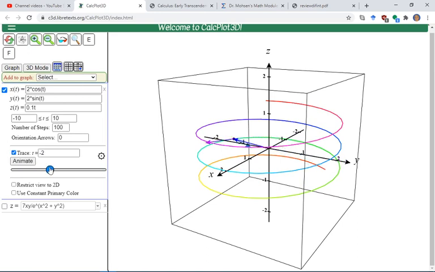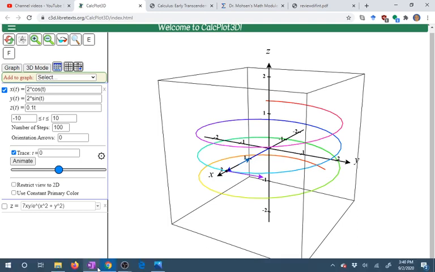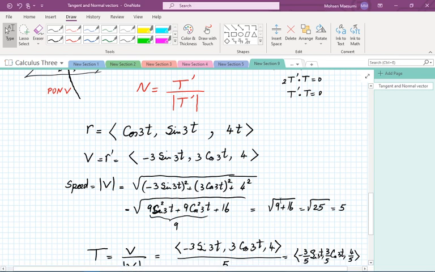Okay, this is t equal to 0. You see, this is the position vector, and the normal vector is in exactly the opposite direction of that. That is what we are discovering with our own calculation. Okay, now let's move on to more advanced stuff.